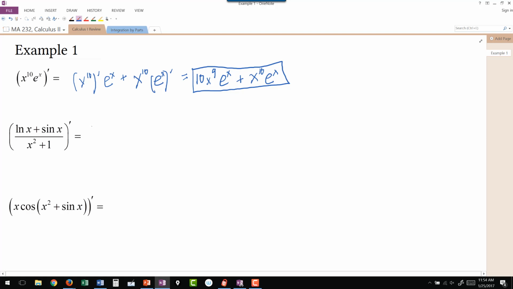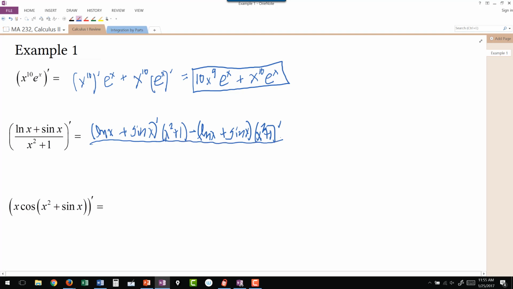For our next example, we have to use the quotient rule, which tells us that the derivative of a quotient is the derivative of the numerator times the denominator minus the numerator times the derivative of the denominator.